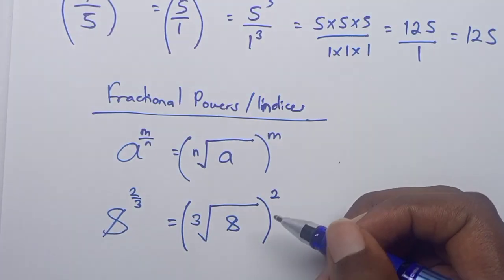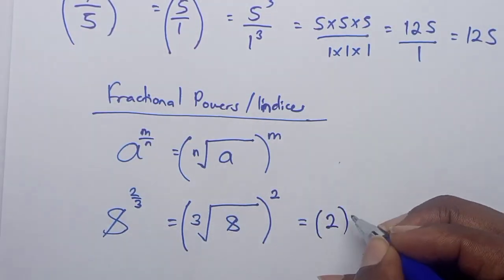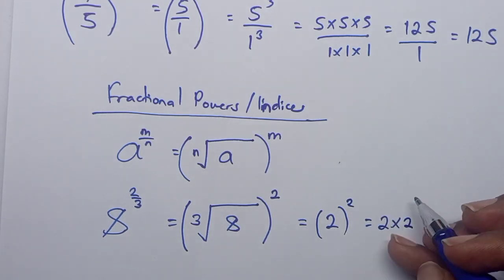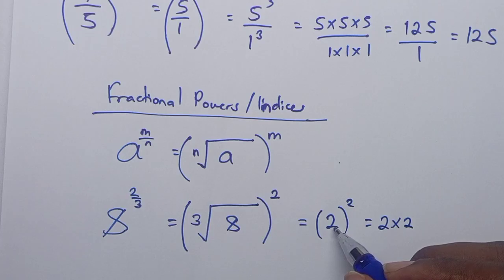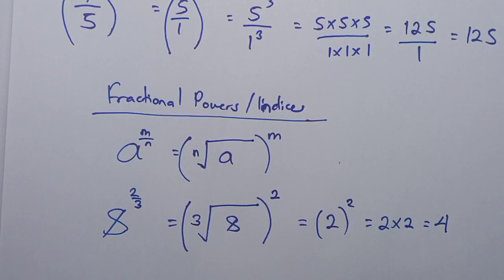So the cube root of 8 is 2. So you square 2. 2 squared is the same as 2 times 2. It's telling us multiply 2 by itself twice. So 2 times 2 is equals to 4. So that's how you deal with fractional powers or indices.